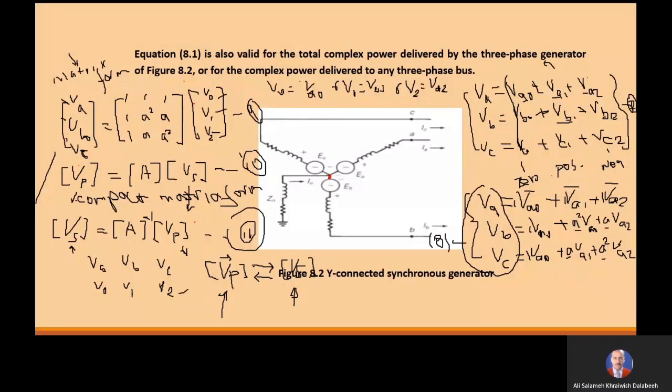How to make the transition from the phase domain to the sequence domain? We use the two equations, 10 and 11. This is the most important note that I want to explain in this lecture.